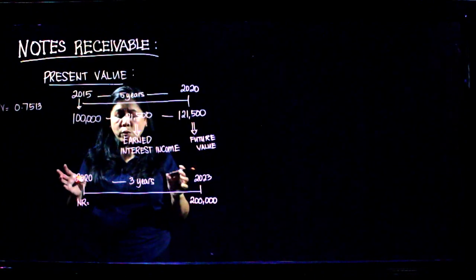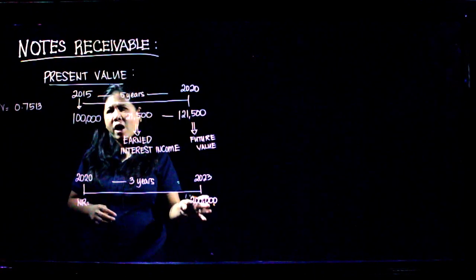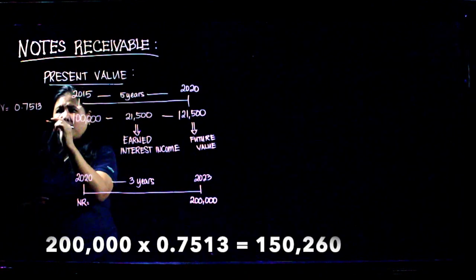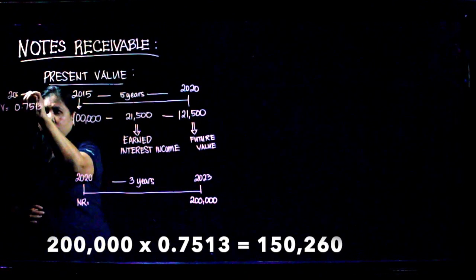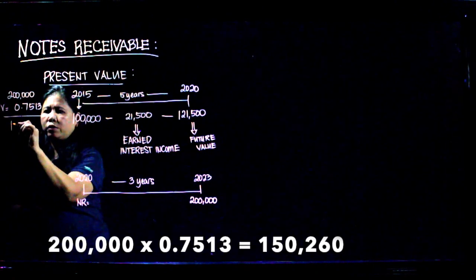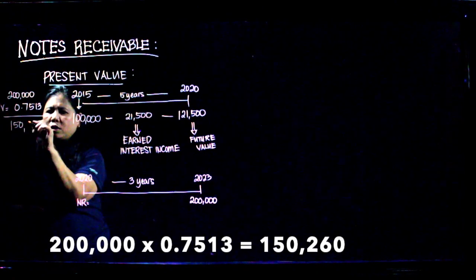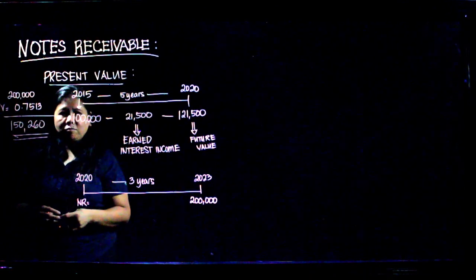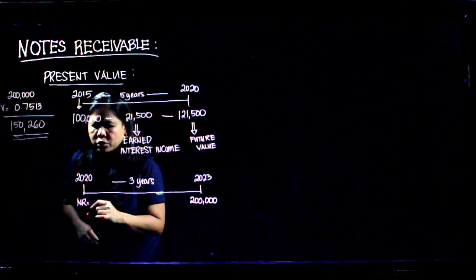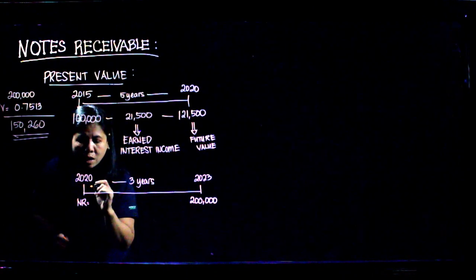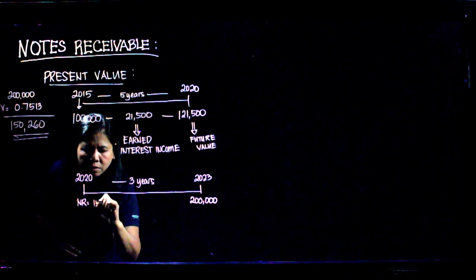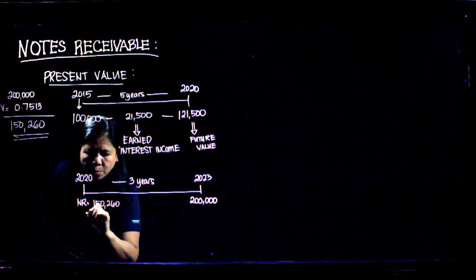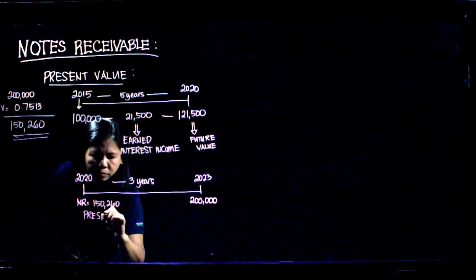All right, so what do we do? The 200,000 multiplied by 0.7513 present value, we come up with 150,260. I memorized that too. So notes receivable is now 150,260 present value.